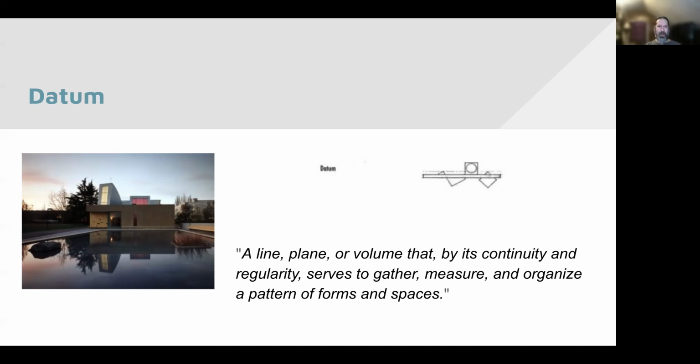Or if you have a lot of different stuff geographically going on, organize all of that geography along a horizon line, so the player has a way to look across all of those different biomes and say, I see how these things are ordered, even though they're individually very chaotic and different from one another. So it's important to provide that framework for player understanding. Right, so again, imageability is improved by datum.